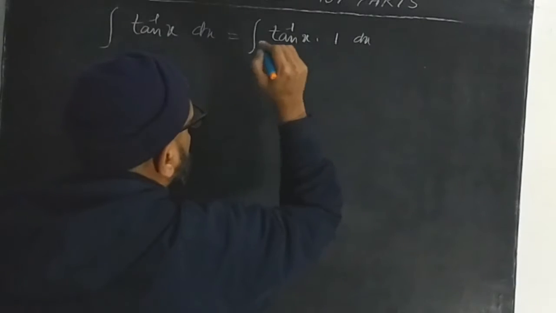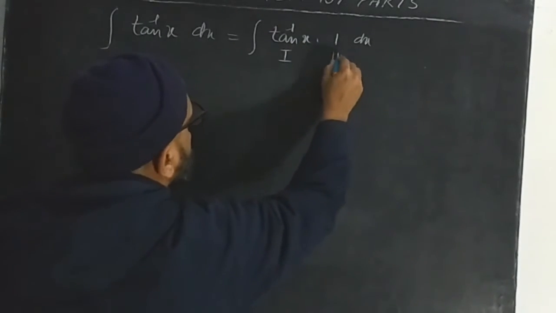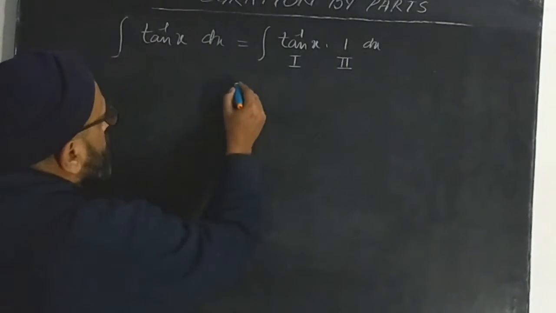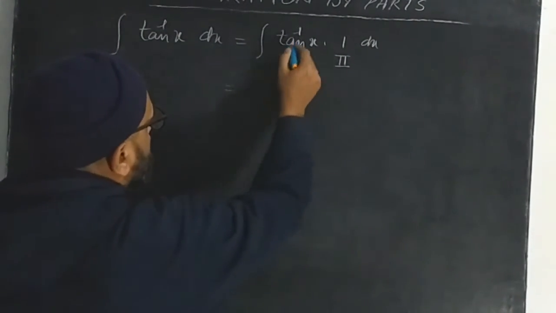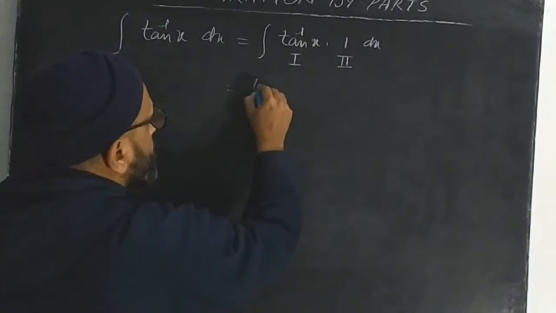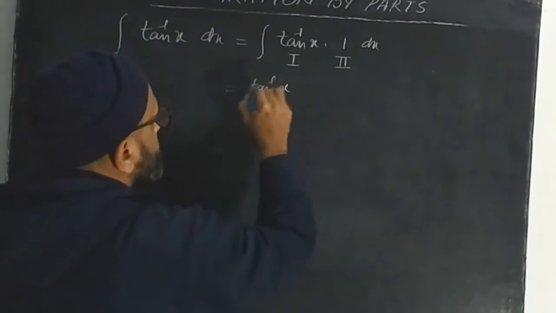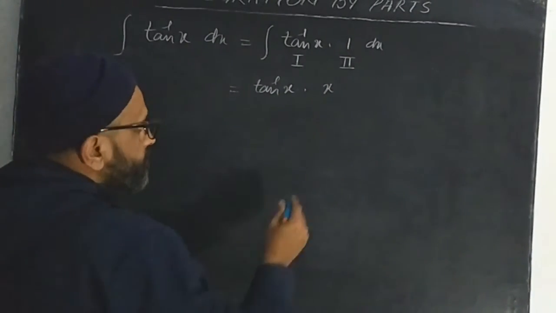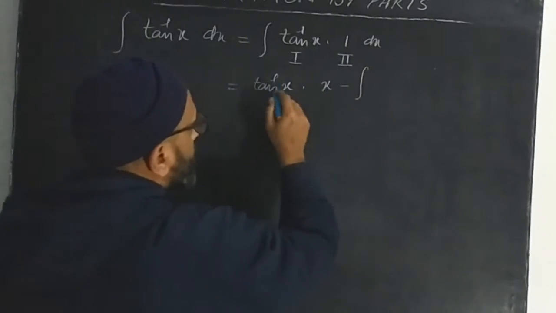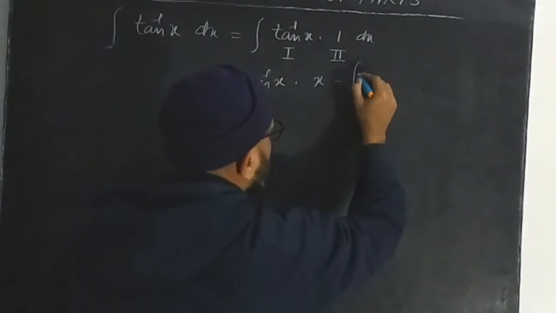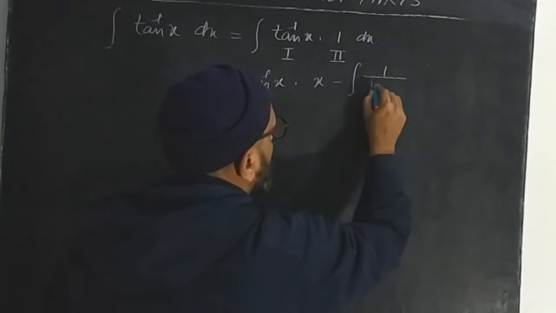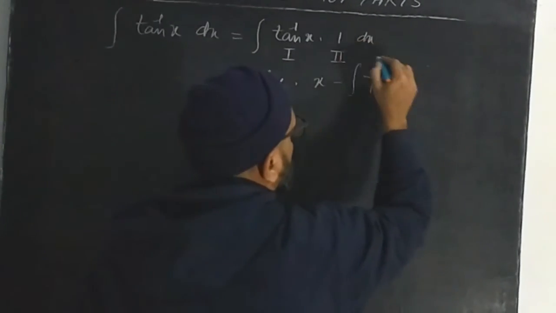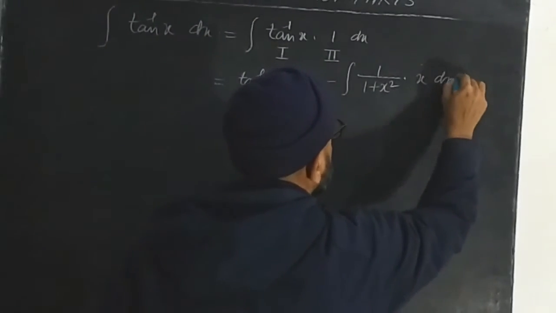So tan inverse x is taken as the first function and the 1 is taken as the second function, that is a constant function. And then we use the integration by parts method. So the first function as it is, integral of the second one is x, minus integral as a whole differential of first, differential of tan inverse x, as you know well, 1 upon 1 plus x square, and integral of the second one, that is x again, dx.